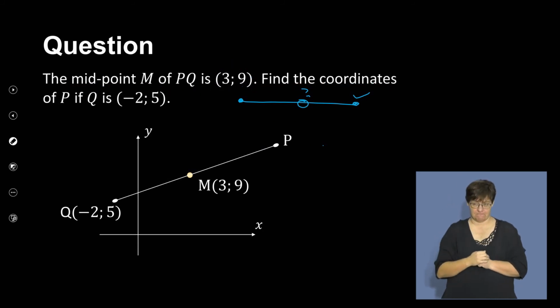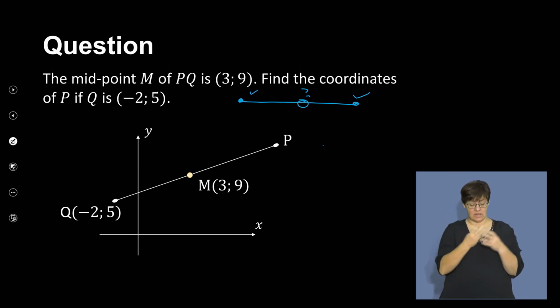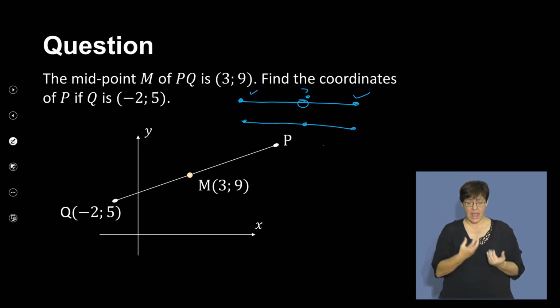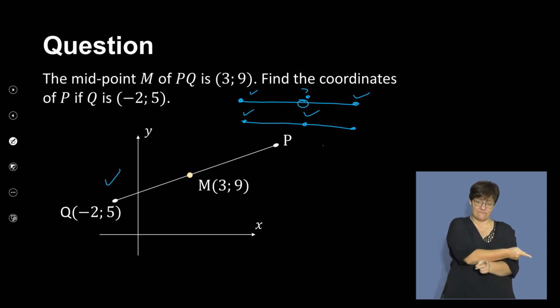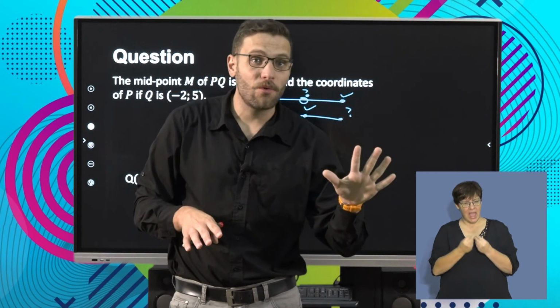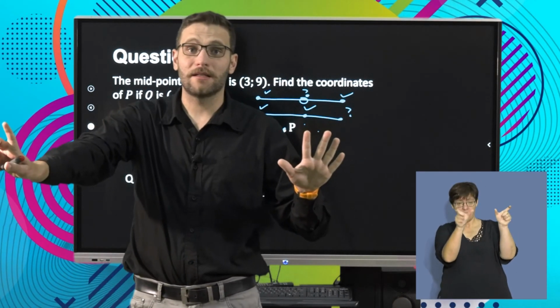In the previous question, I started with the two endpoints, and they wanted me to find the middle point. Now this question is different, because I've got one of the endpoints, Q, and I've got the midpoint, M, and they want me to find the other endpoint. This is exactly like what we did in the distance formula, where initially I had the coordinates and just worked out the distance.